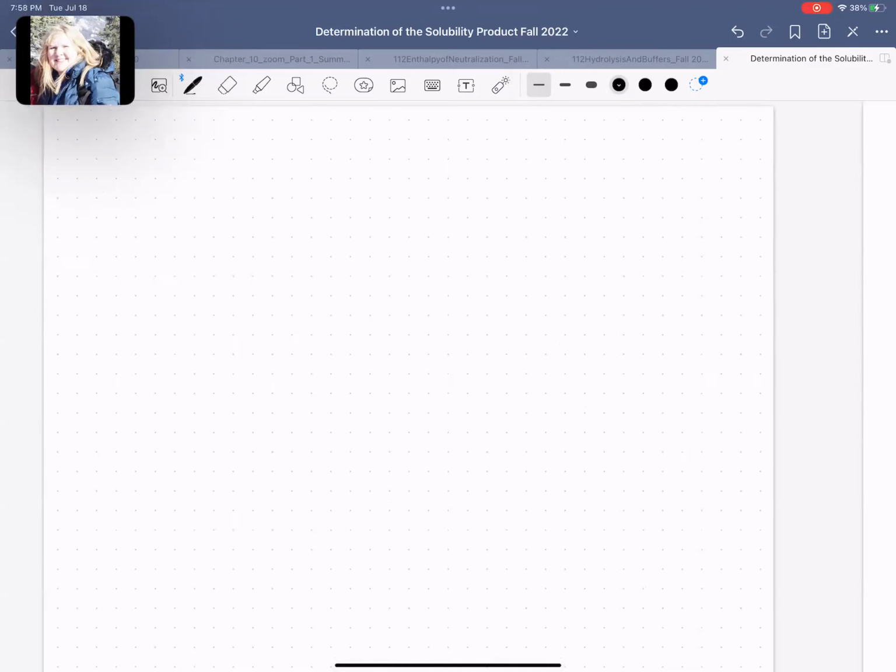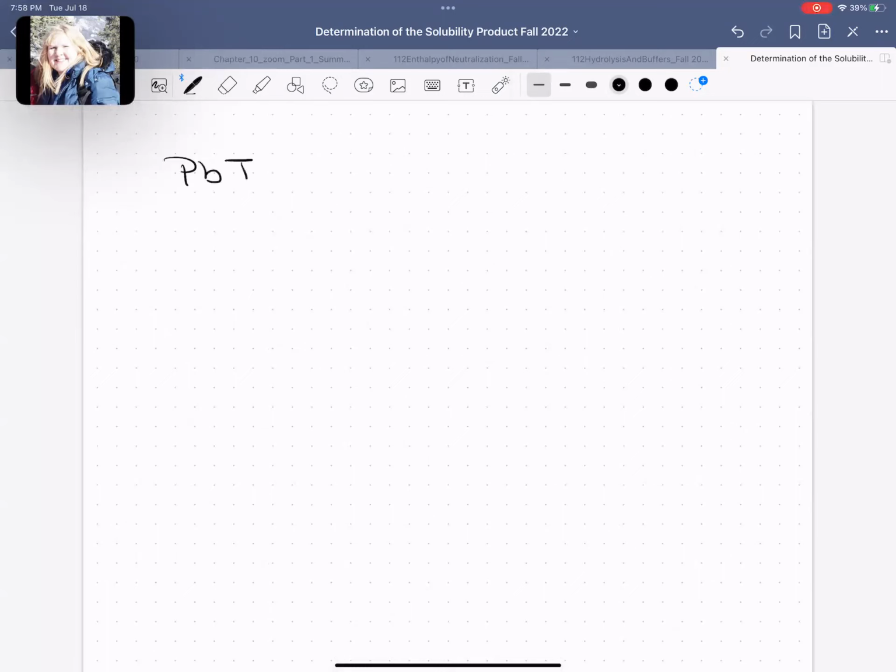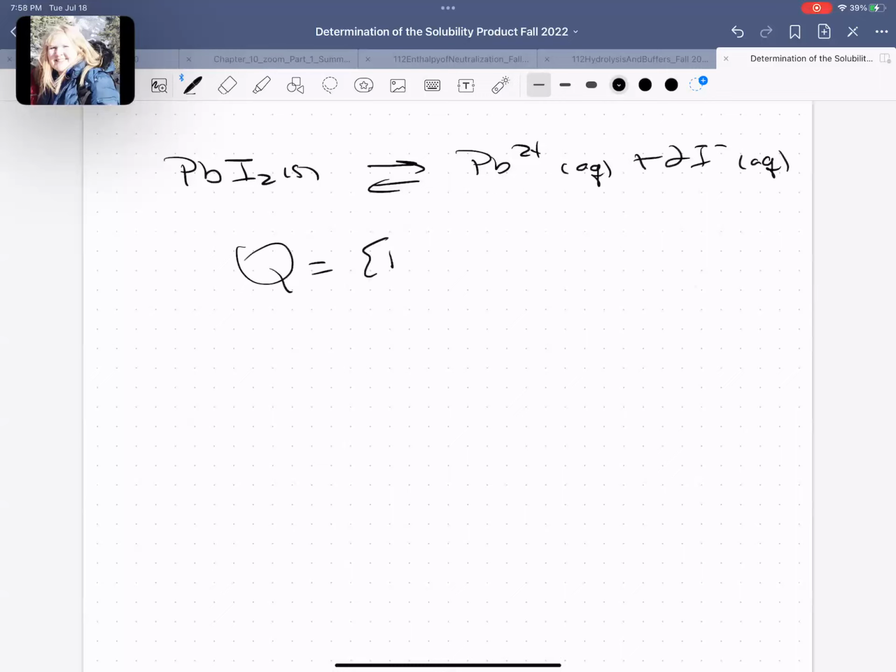So here, if we have the reaction of lead iodide as a solid going into lead aqueous plus 2 iodides, our Q for this is going to equal the concentration of lead, which is what we just calculated doing that 10 mL dilution, multiplied by the concentration of the iodide, also looking at that 10 milliliter dilution.